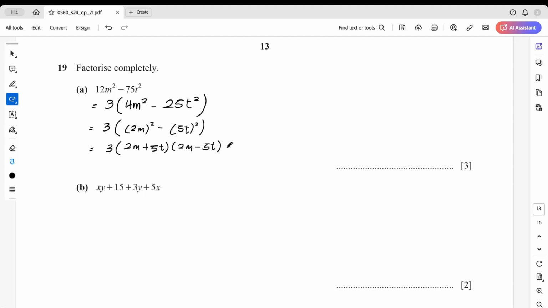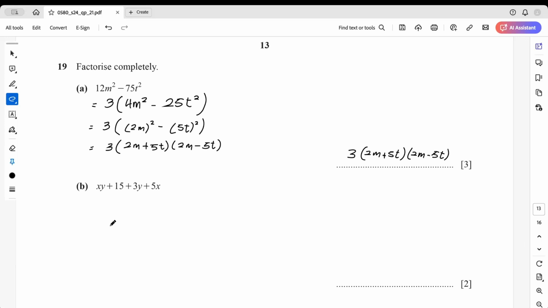For part B, we are doing 4-factor grouping. So before we start 4-factor grouping, we want to move around terms so we have something to factorize. Right now, x, y, and 15, there's nothing common to factorize. So let's say we move this 3y beside the xy. So now I have this. Again, it's just rearranging it around, so I have something to factorize.